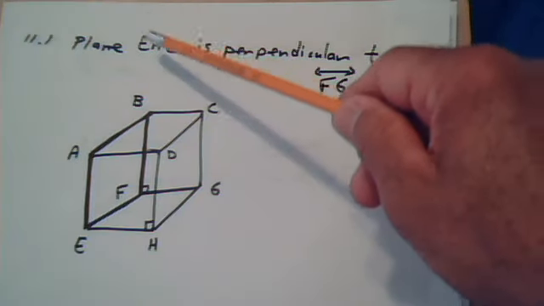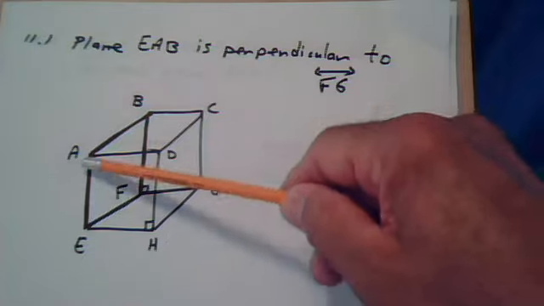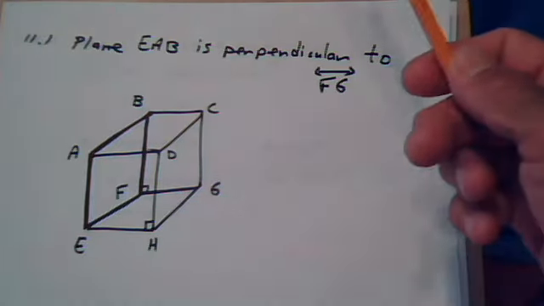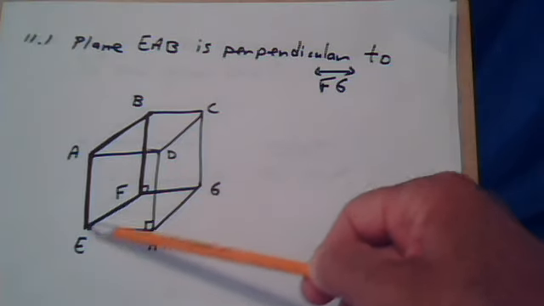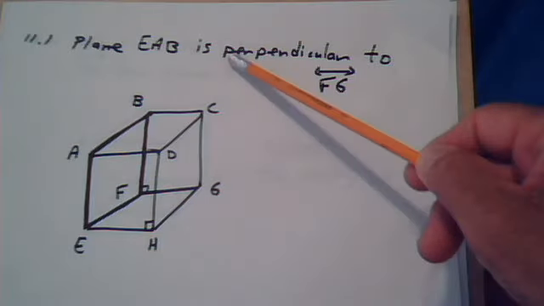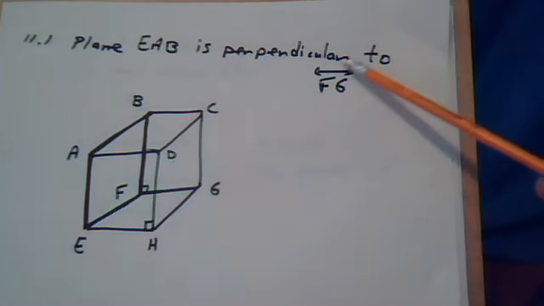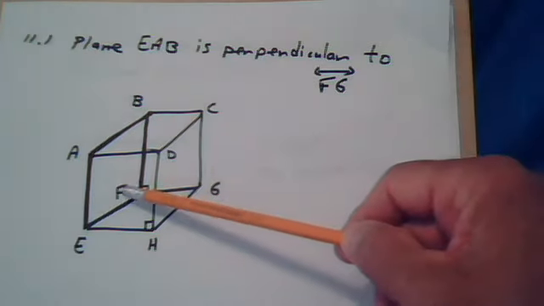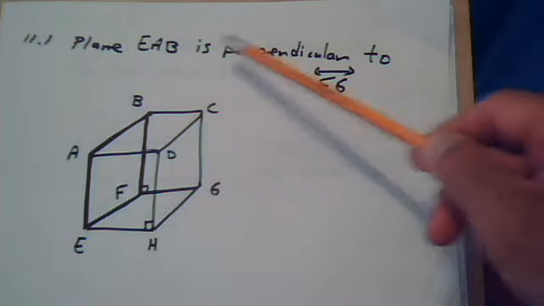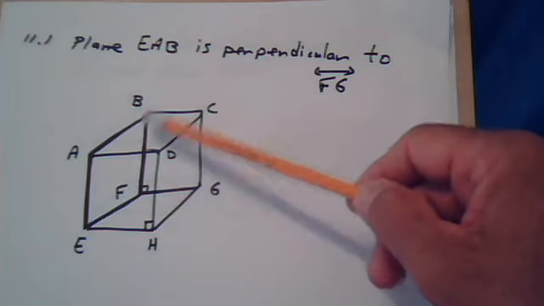Plane EAB. Now think of a sheet of paper that has those 3 points, and that would be the plane you're talking about. So we're talking about this plane. And this plane is perpendicular to line FG. There's a line that goes through here, FG. And how do we know it's perpendicular to this plane?